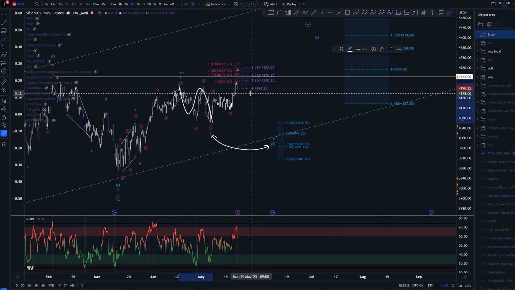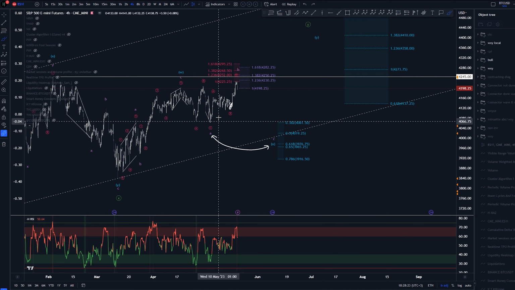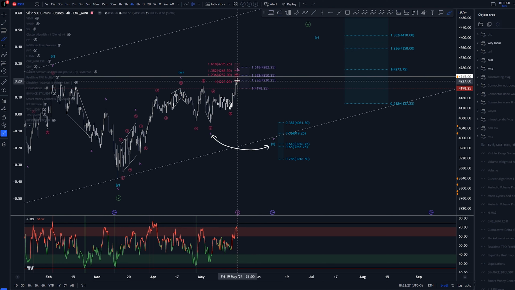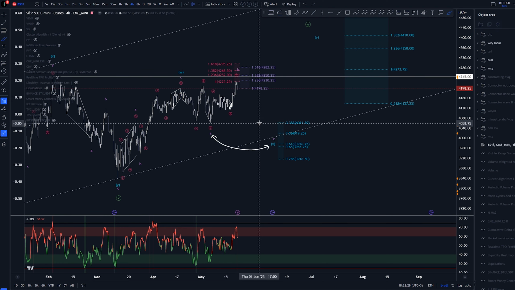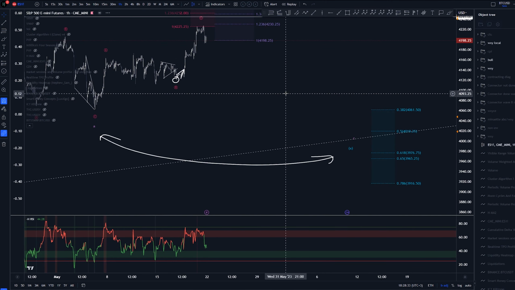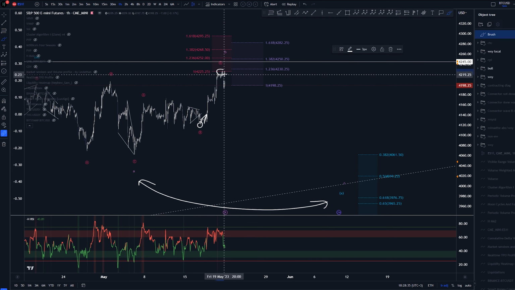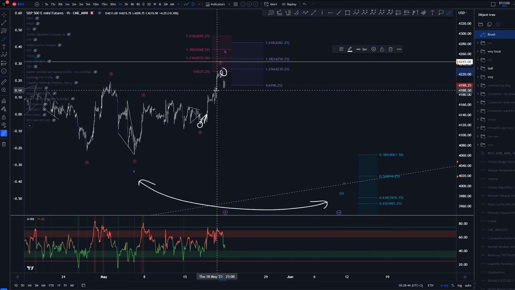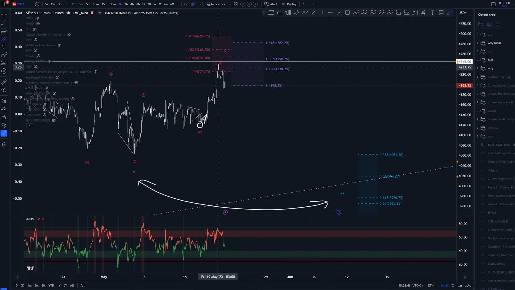Having this in three waves was that possibility. However, as we came up in three and are now rejecting around the one-to-one extension, it is giving us signals that there might be something else. I took a short here on this one-to-one when we created a small divergence, and alerted that on CTC.